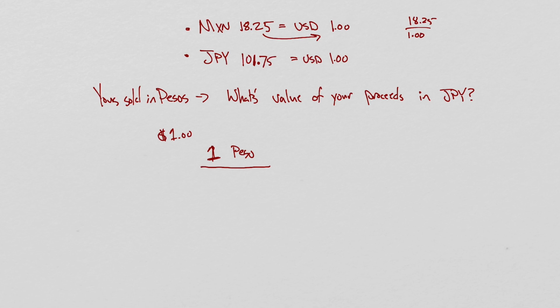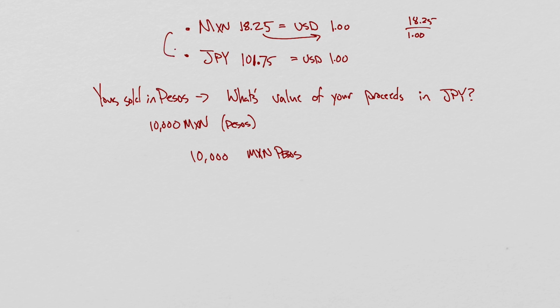And actually, instead of $1, let's say you sold something for, sorry, not $10,000, but 10,000 Mexican pesos. So the machine or whatever that you sold in Mexican pesos. And if you want to convert that to yen, well, first we need to convert it to dollars.